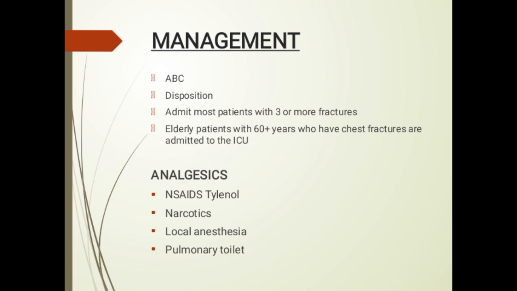You can give analgesics. Analgesics are drugs in pharmacology that are able to relieve or abolish pain or sensation. You can do local anesthesia. You can give narcotics and pulmonary toilet. These are the management.